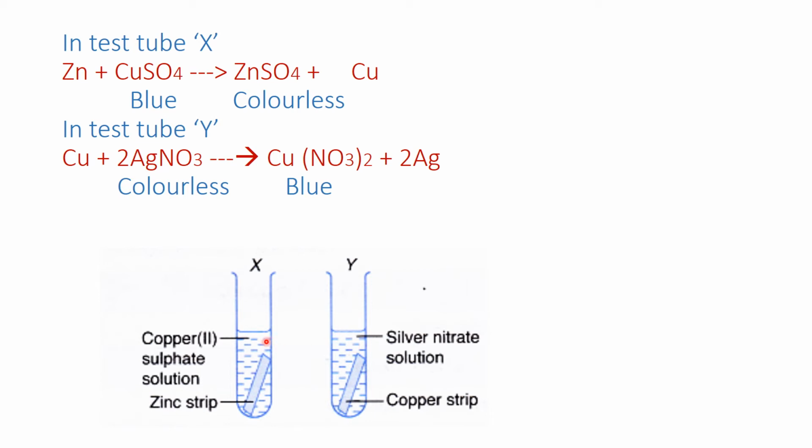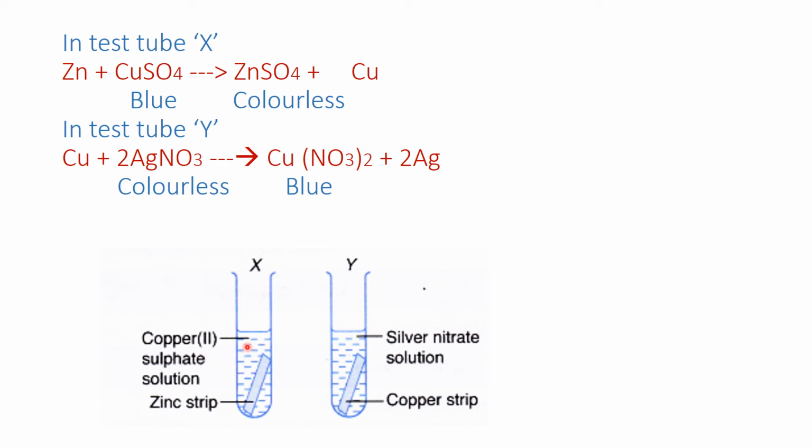After the reaction you will find changes in both the test tubes. In the first test tube, test tube X, you will see that the color of copper sulfate changes to colorless. Why has it happened? Because zinc displaces copper and forms zinc sulfate, and zinc sulfate, students, remember, is colorless.